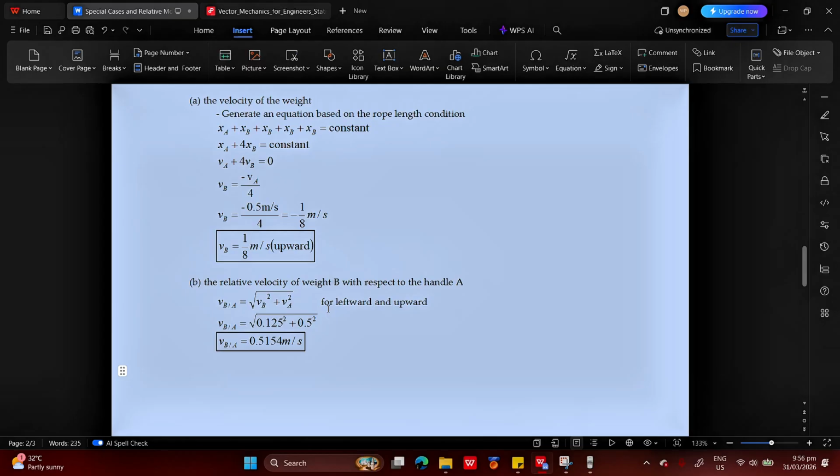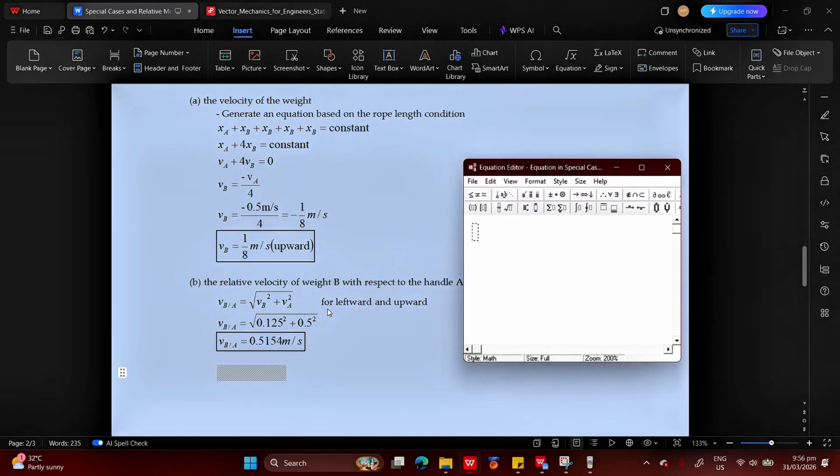Yeah, that's it. And then their angle, the angle of B with respect to A, is equal to tangent raised to -1. Of course it's TOA, opposite over adjacent, or upward over leftward.